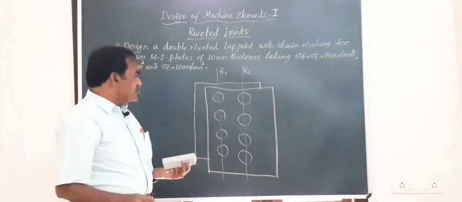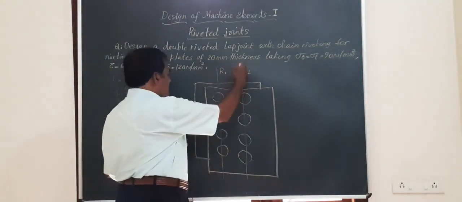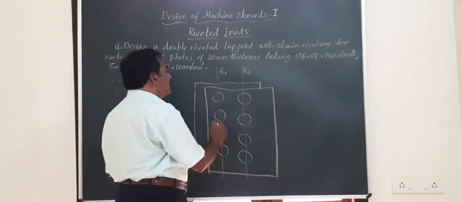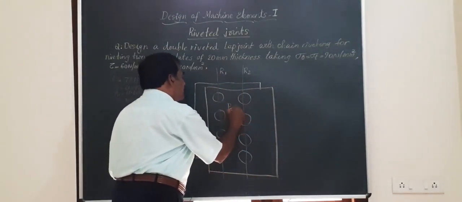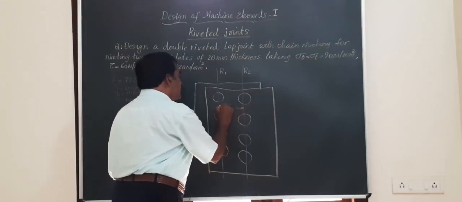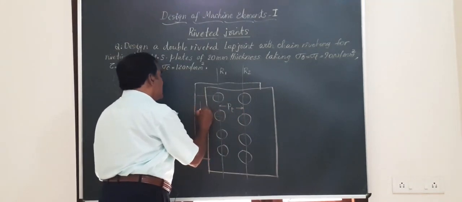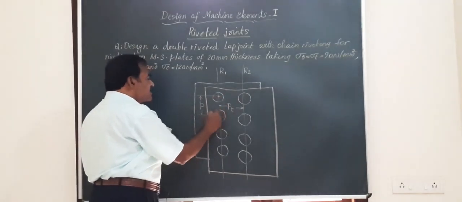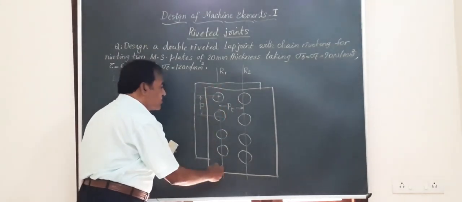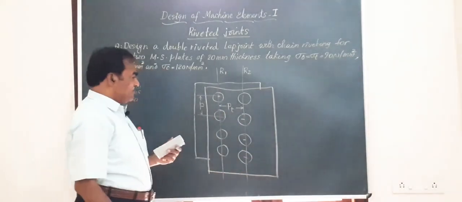Here the joint is a double riveted lap joint, which means there will be two rows of rivets, R1 and R2, separated by a distance called the transverse pitch PT, which is also called the row pitch. This gives the longitudinal pitch P, that is the distance between any two adjacent rivets along the row. This is also the longitudinal pitch.